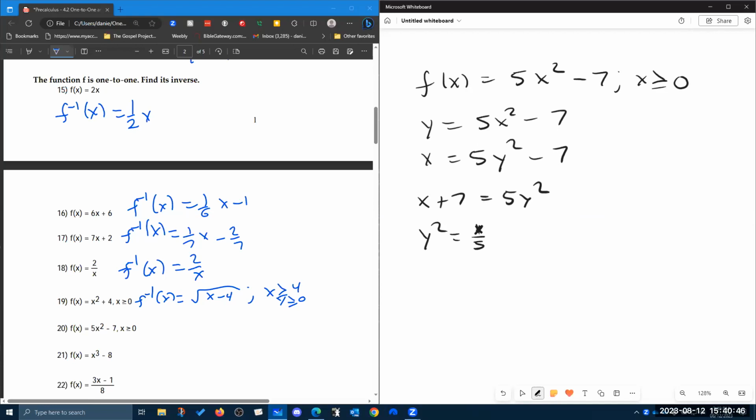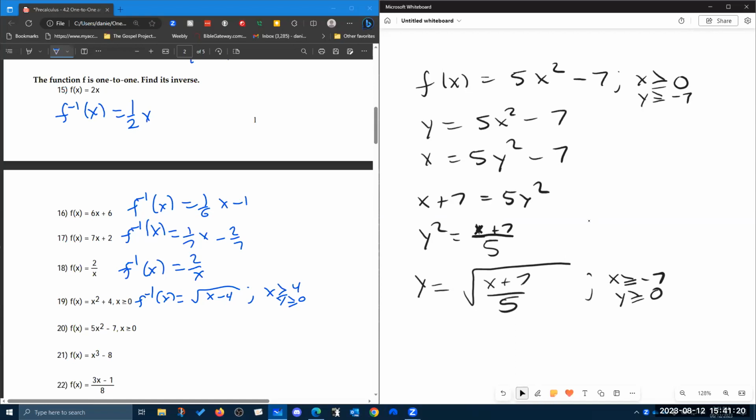Let's just do it this way, y squared equals x plus 7 over 5. If x was greater than 0 in the original, y has to be greater than 0 in the final answer. So I want to choose the positive square root here. In this case, y was greater than or equal to -7, so x has to be greater than or equal to -7, and y is going to be greater than or equal to 0.